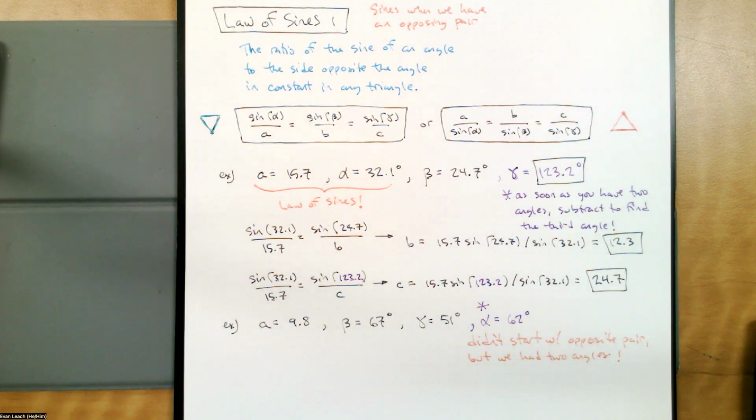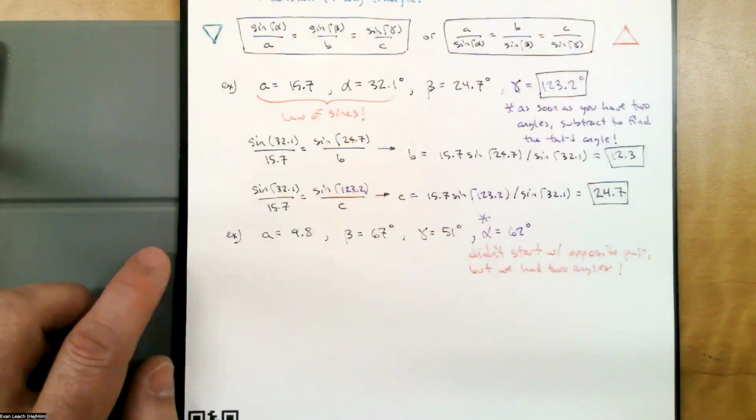So we didn't start with an opposite pair, but we had two angles, and so we just have to subtract. And now we have alpha and A, and we can set up our ratios.